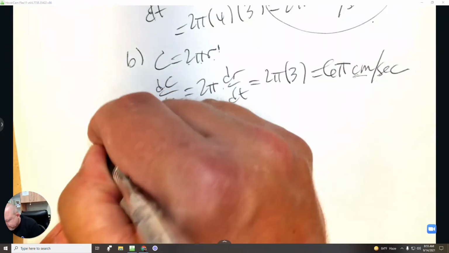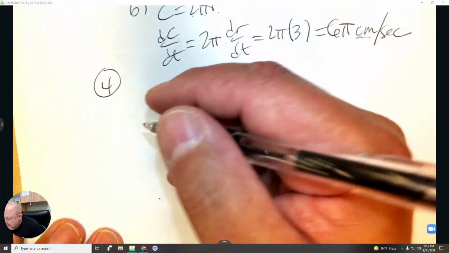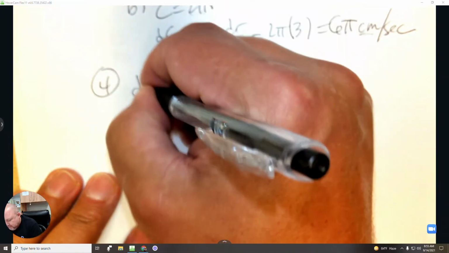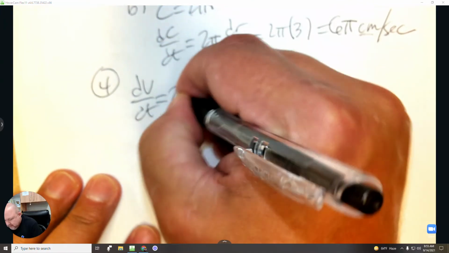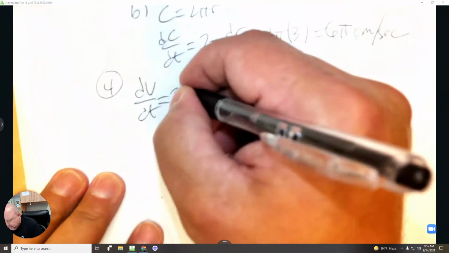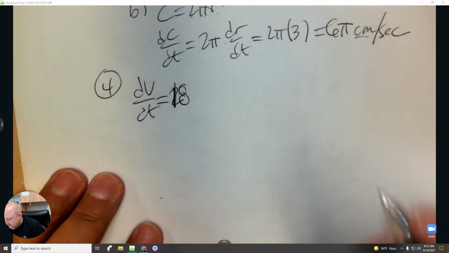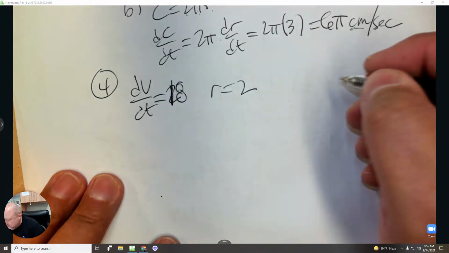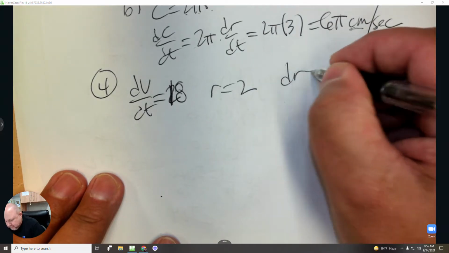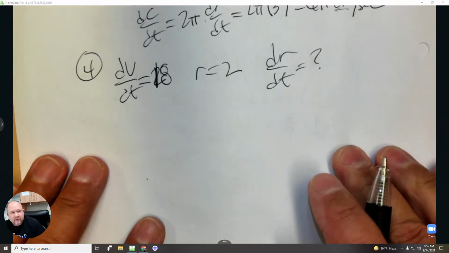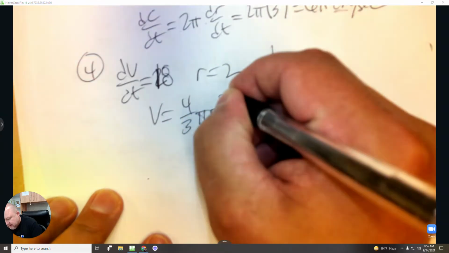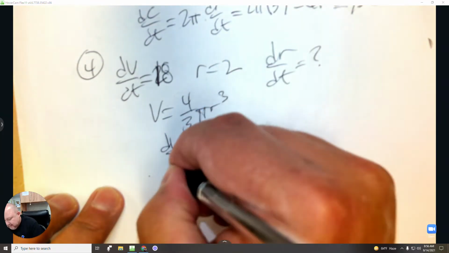4. Speaking of volume, a large sphere is inflated. So the volume of that sphere is 18. I was looking at the other question. And then it says the radius is 2. And it says how fast is the radius changing? So that's what I want to know. So the volume of a sphere is 4/3 pi r cubed.